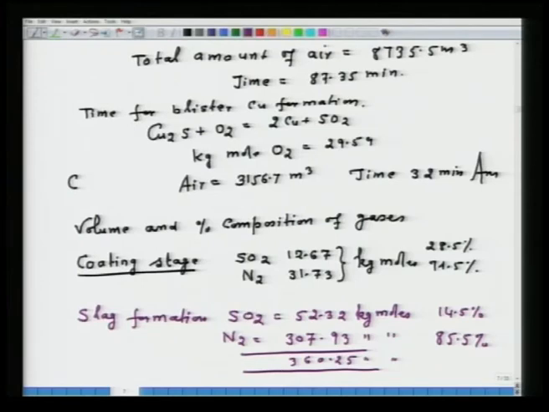Now, the third stage is the blister copper formation stage. Here again it is simple: you already have the reaction Cu2S plus O2. So, 29.59 is the kg moles of O2, and therefore 29.59 kg moles will be SO2 also, because 1 mole of Cu2S gives 1 mole of SO2, or 1 mole of oxygen produces 1 mole of SO2.